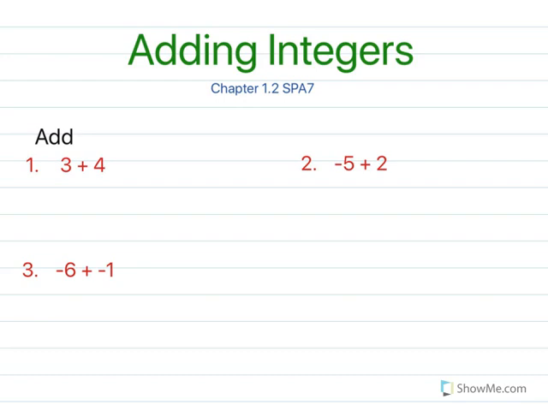So what exactly does adding integers look like? What is an integer? Well, to know what an integer is, we have to know what a whole number is. And a whole number is something you've been using for quite some time. Whole numbers would include 0, 1, 2, 3, 4, 5, 20, 55, 100, 2050, on and on and on.